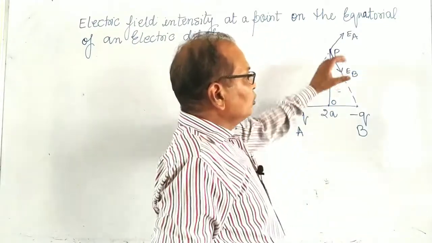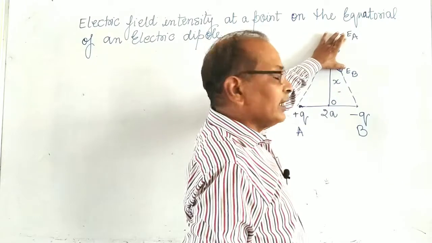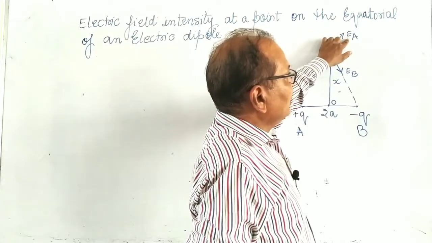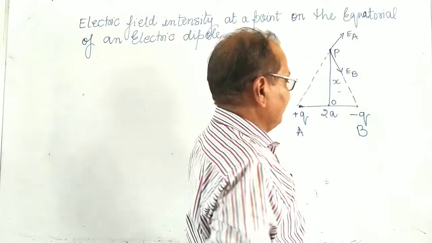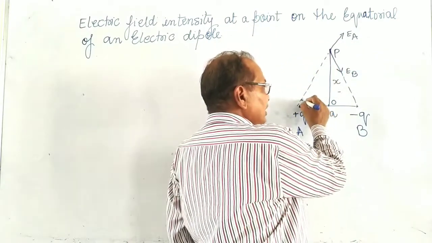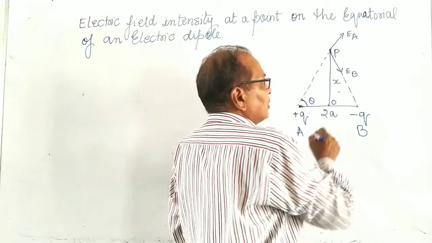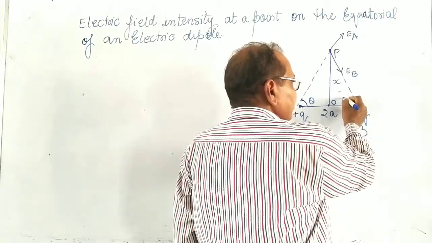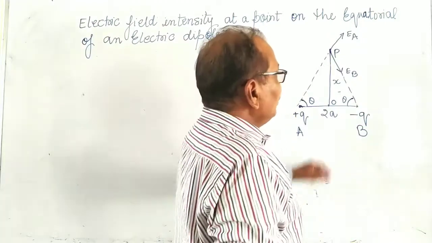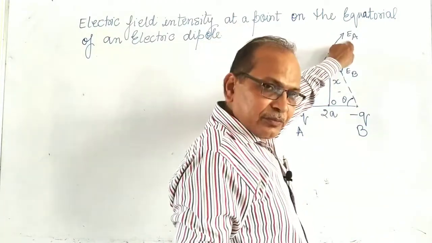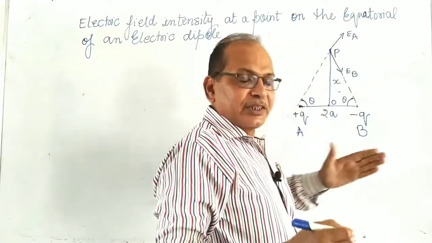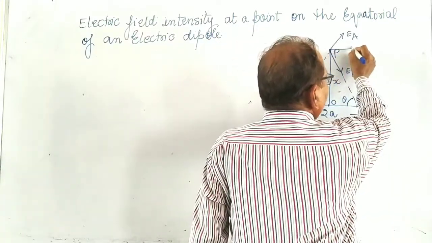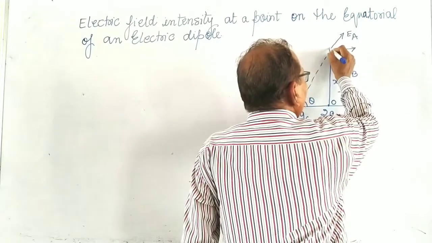Now these are the two electric field vectors, which are EA and EB. Now if this angle is theta, then this is also theta. If you resolve this EA vector into two components, this is one component and this is another component.